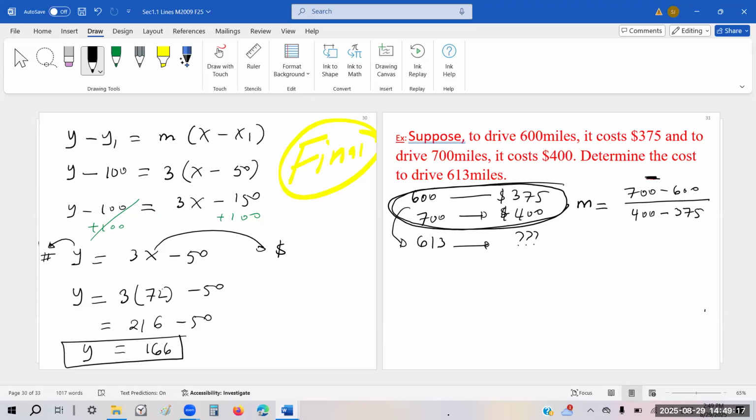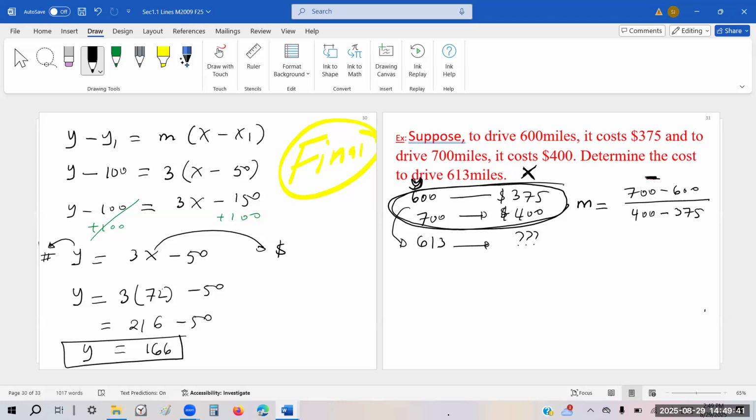What is your X and what is your Y? The cost is X. This is your X, this is your Y. But then you didn't give me Y over X, right?